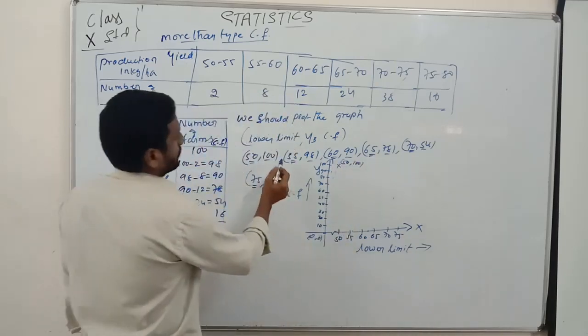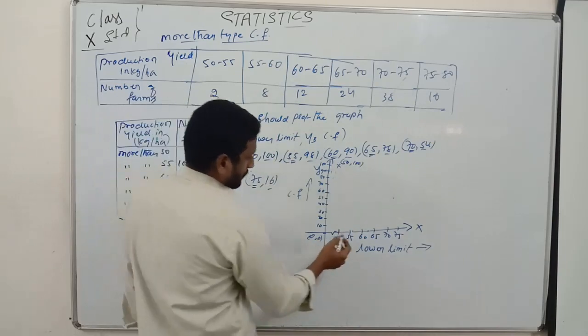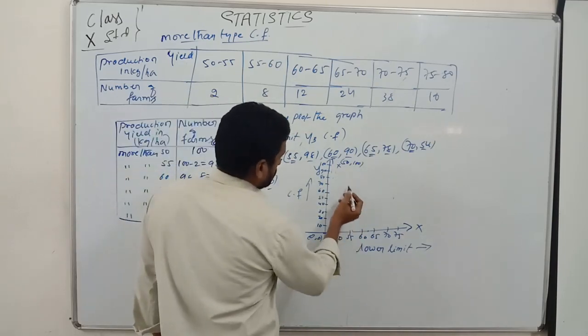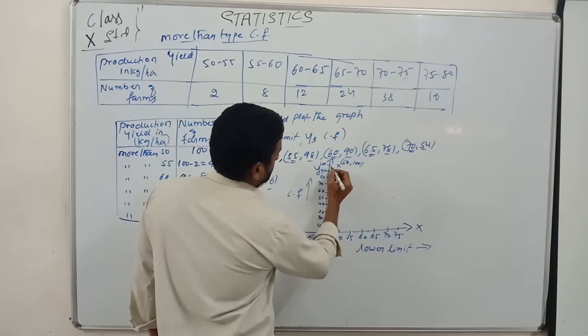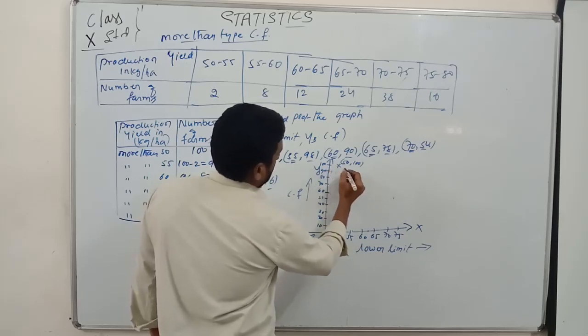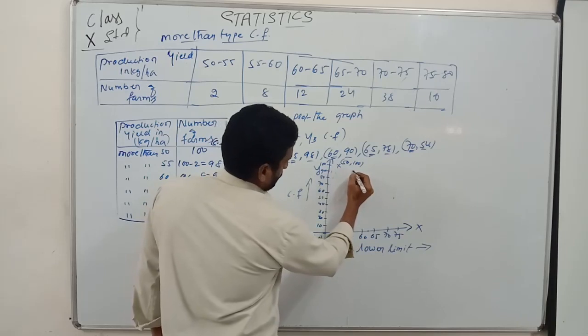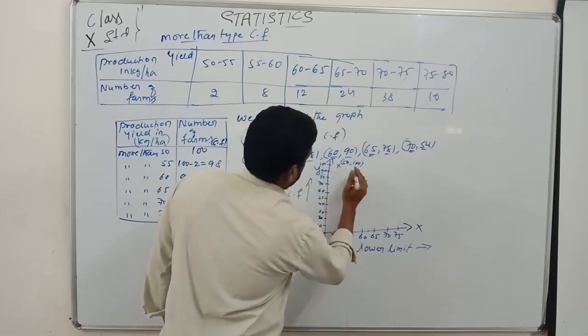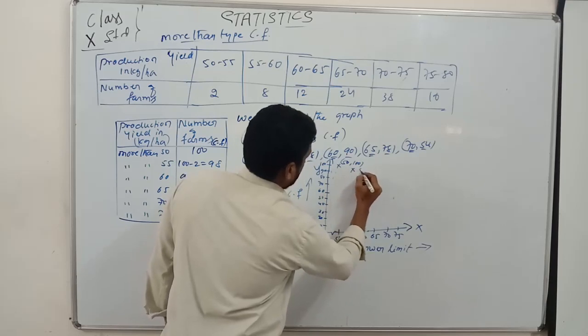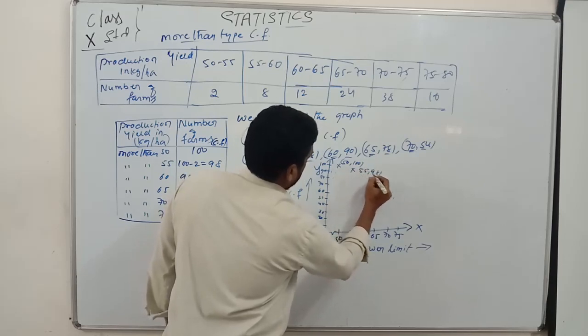Next, 55 at 98. 98 means 90 after 8 lines, a small distance here. This is 55 at 98.